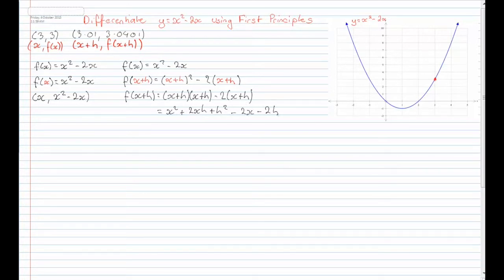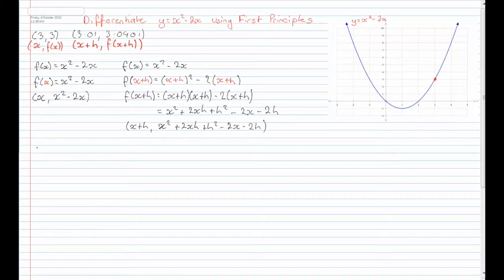So therefore our coordinate at this point is equal to x plus h, comma, x squared plus 2xh plus h squared minus 2x minus 2h. Okay, I know it's a long coordinate, but let's substitute it into the equation for the gradient.